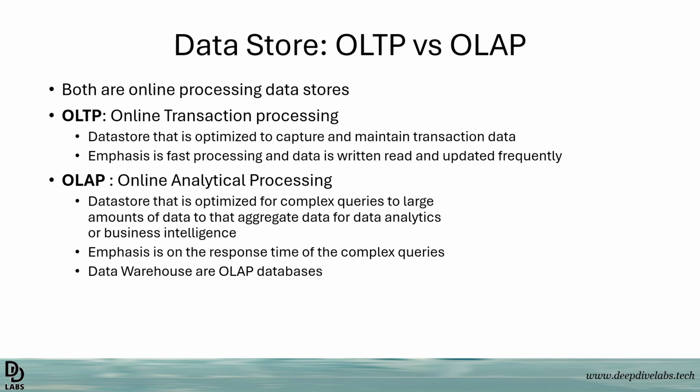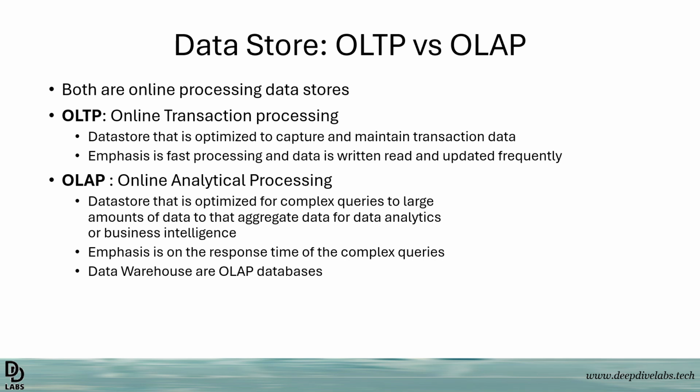Whereas OLAP stands for online analytical processing data stores. These are data stores that are optimized for complex queries to large amounts of data, so that aggregated data can be used for business intelligence or data analytics, right? Here you can start seeing that OLAP is where your data warehouse systems and data platform lie.